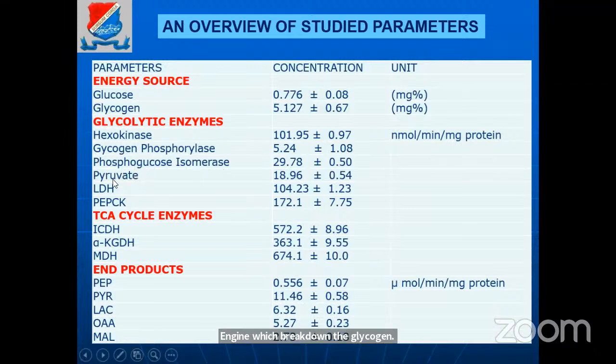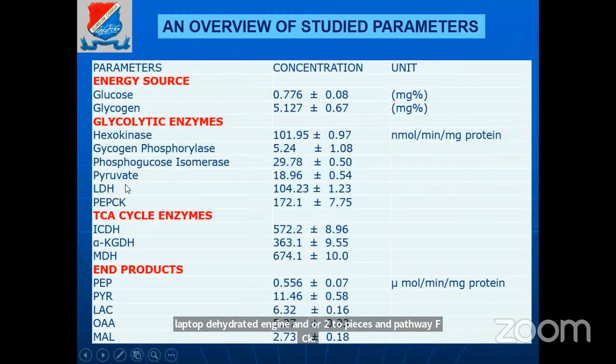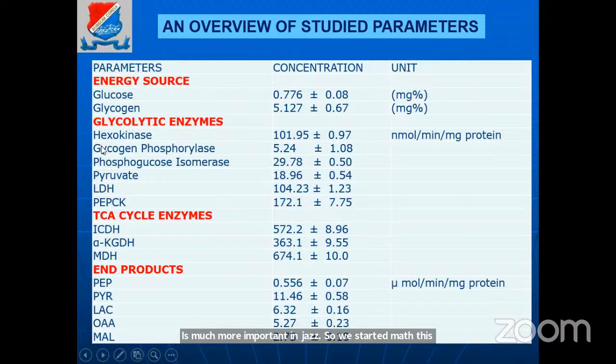Pyruvate kinase, the enzyme which transfers from phosphoenol pyruvate to pyruvate, and lactate dehydrogenase, which converts pyruvate to lactate. And for the CO2 fixation pathway, PEPCK is the more important enzyme. So we studied the most important enzymes responsible for the EMP pathway and the TCA cycle enzymes.